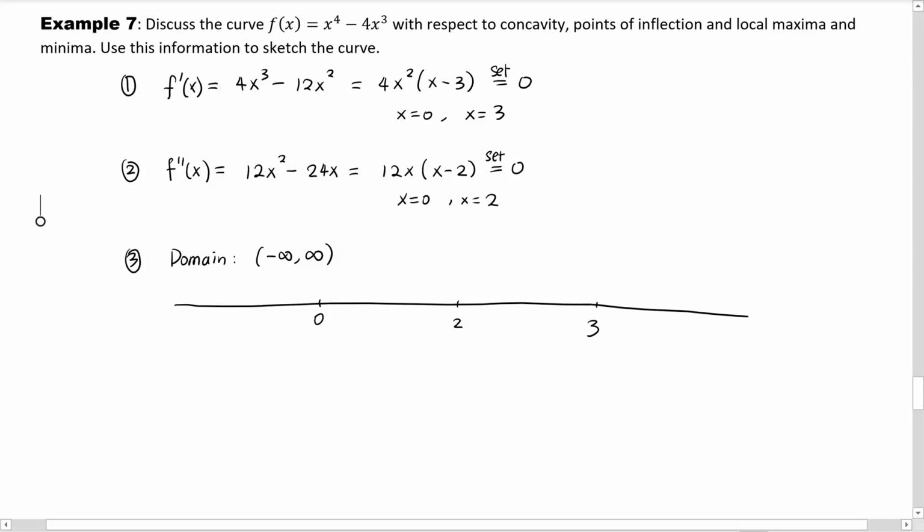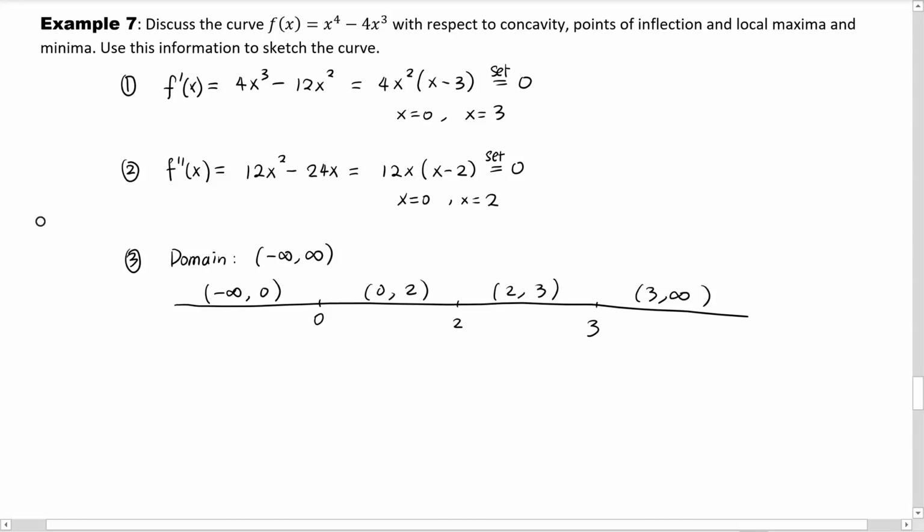Here we have minus infinity to 0, 0 to 2, 2 to 3, and 3 to infinity. So 3 important points divide our domain into 4 subintervals.